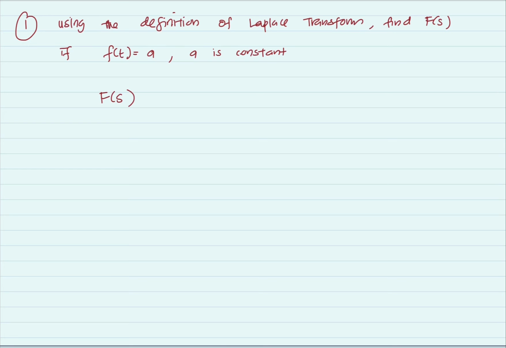We know that the definition of F(s) is the Laplace transform of f(t), which is now the Laplace transform of a. By using the definition, we have the integral from 0 until infinity of e to the minus st f(t) dt.